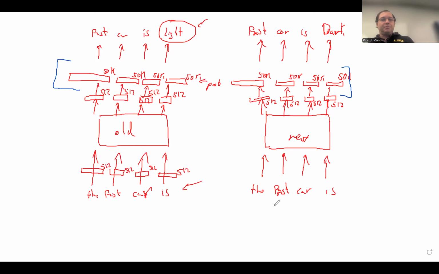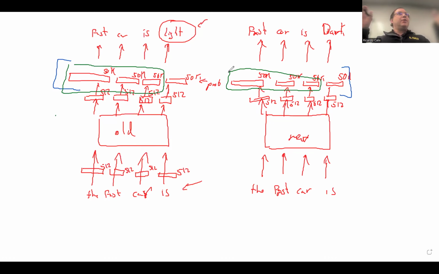We give the fast car is to the old and the new, and then we just focus on the last word, because the last word is the newly predicted one, right? So let's just say that right there, for that, and that right there, for that, is mostly apples to apples. Now I can calculate those probabilities however you want.